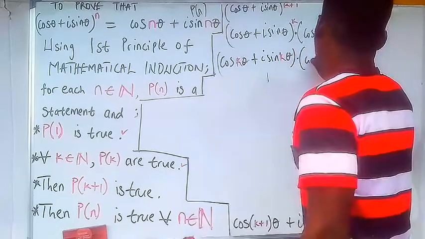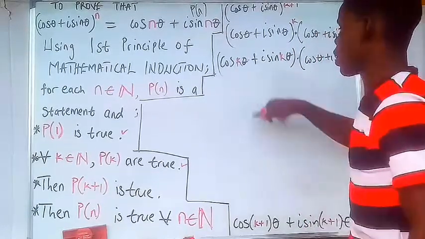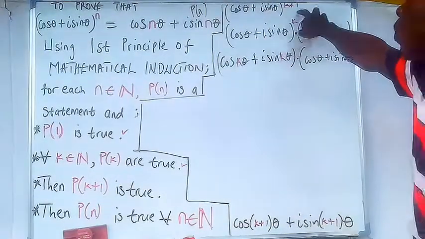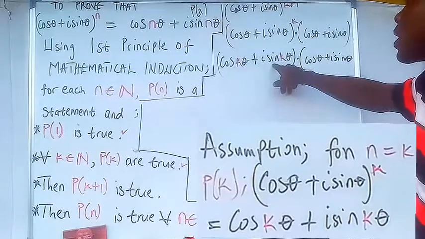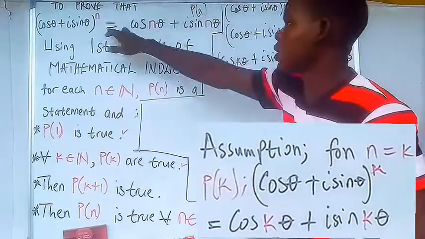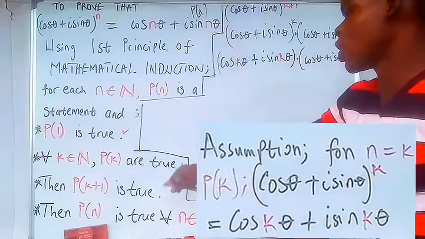Great. Times cosine of theta plus i sine of theta. Now recall that when we're having k here, we put cosine of k theta plus i sine of k theta, just like this. That's what we said when we were showing the second statement, the second statement right here.